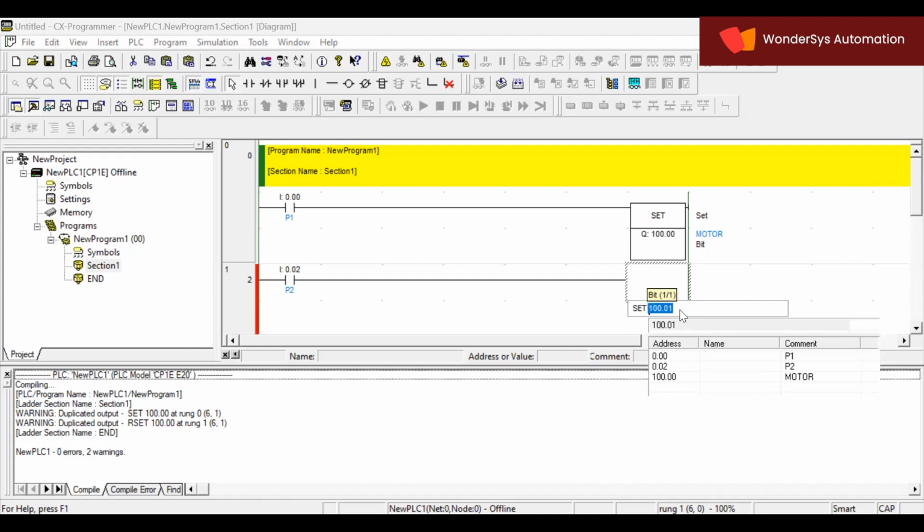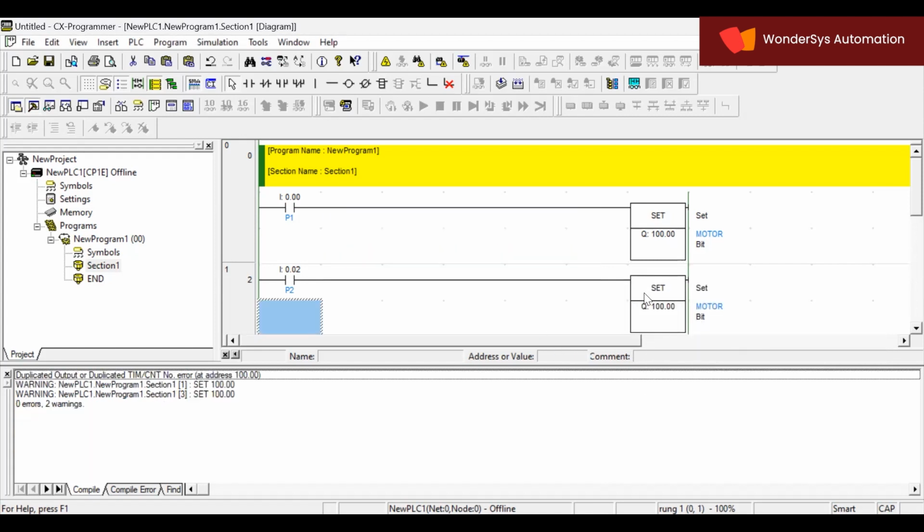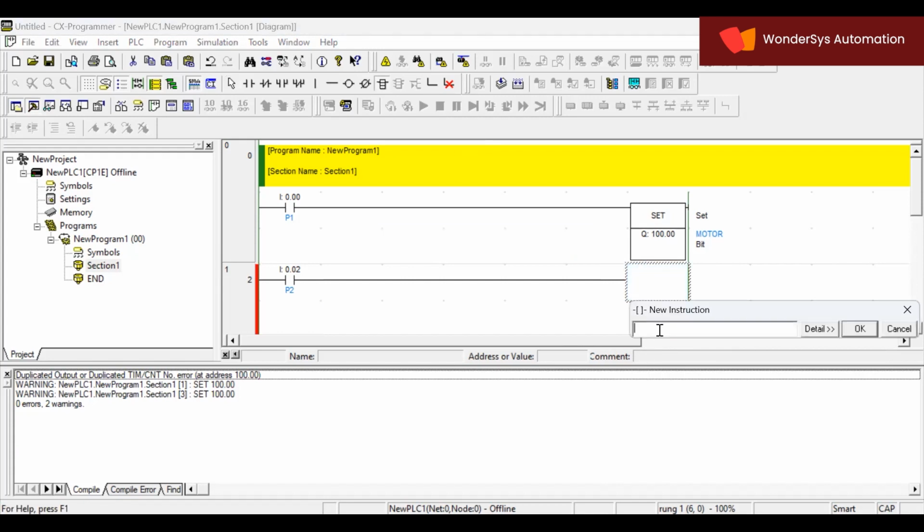I don't want the next address. Select the same address. Sorry, this should be reset. One second. Select this block, place it. Now, if you know the command, directly write set, or directly write reset, then mention the address.